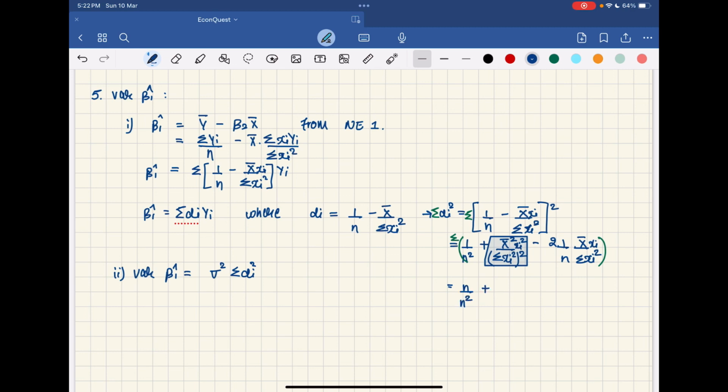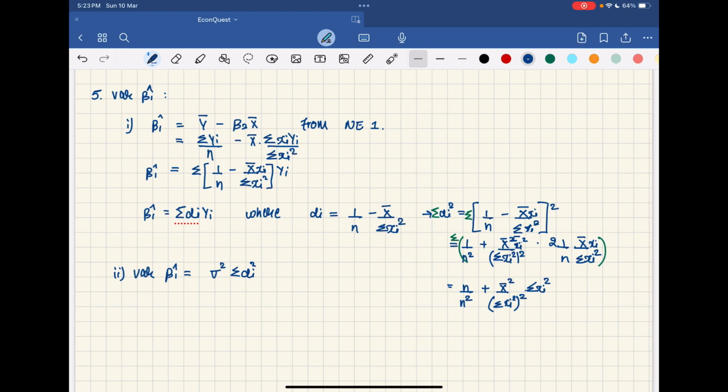In your second term, your x bar square divided by (summation xi square) whole square, this term is constant, right? And we have xi square here, we can sum over xi square.